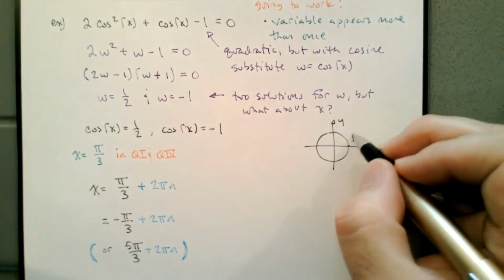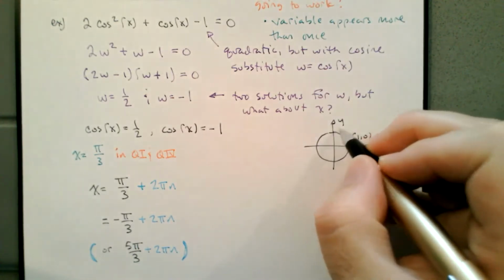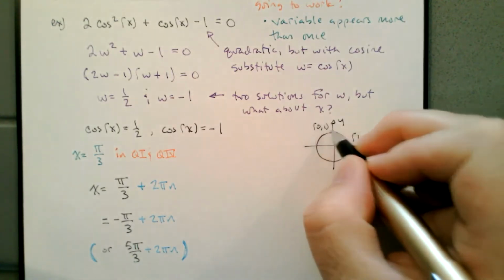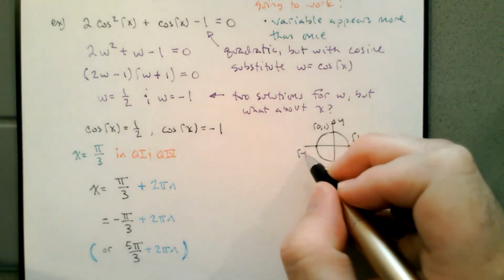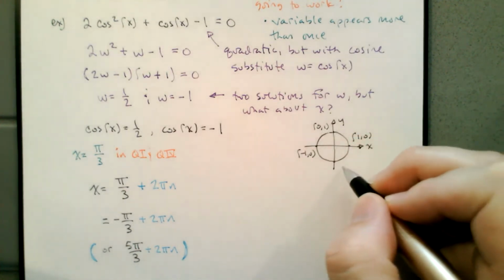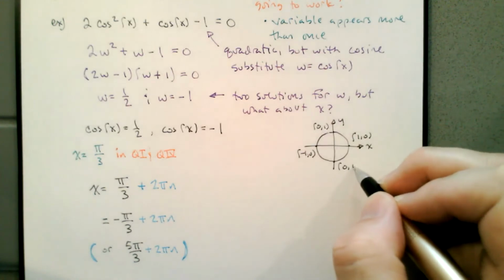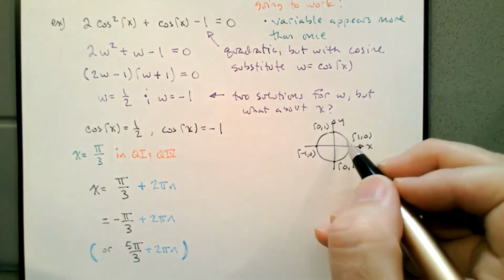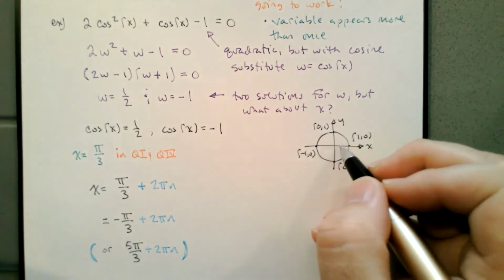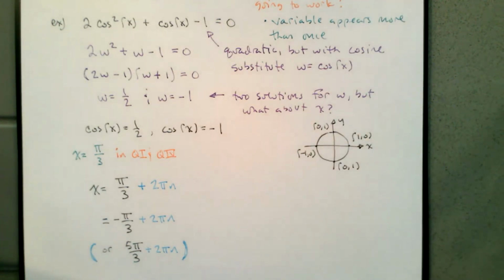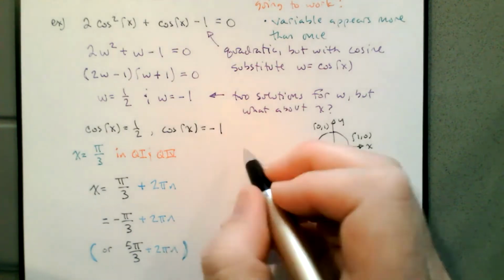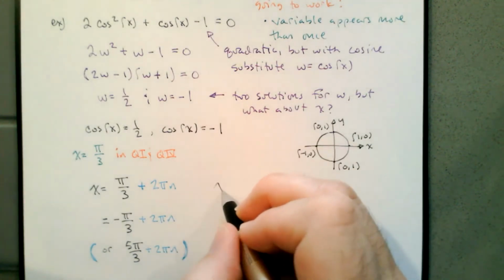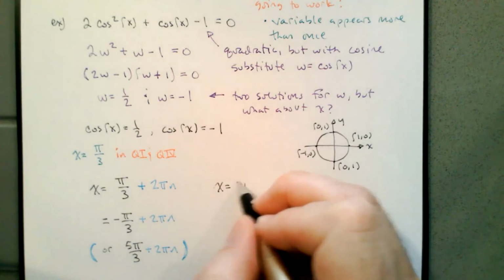So we know that cosine starts off at 1, drops down to 0, and then continues to drop down to -1, and then goes back up to 0, and then back up to 1. So cosine of 180, or cosine of pi, is equal to -1. So the cosine x equals -1 gives us the solution x equals pi.